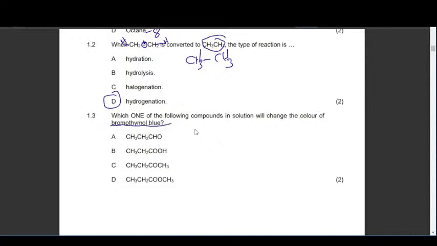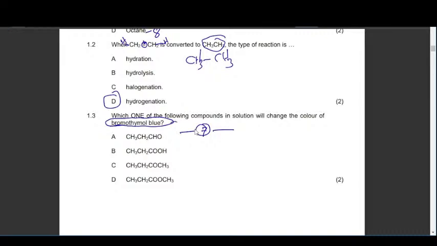This is an indicator which detects a pH which is relatively equal to 7. But remember, it can be on the side of alkaline or the side of acid.